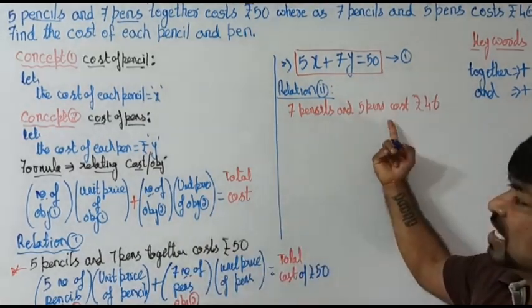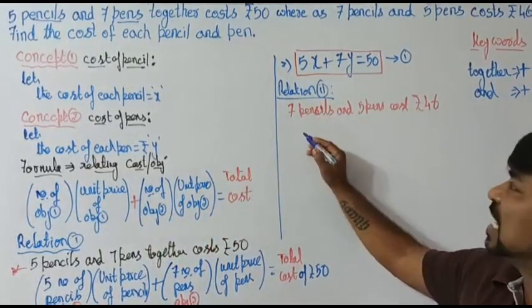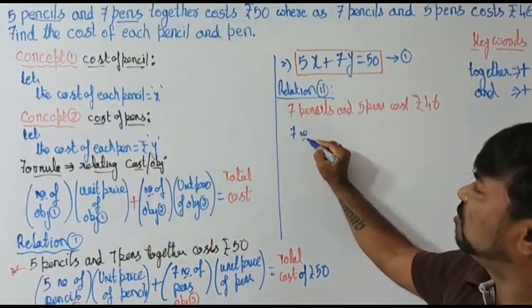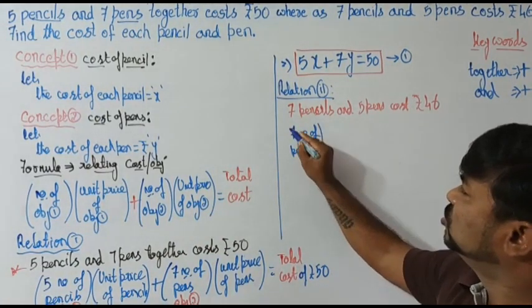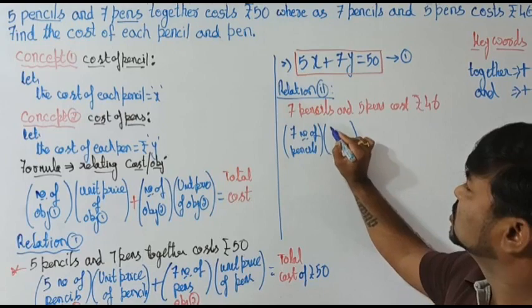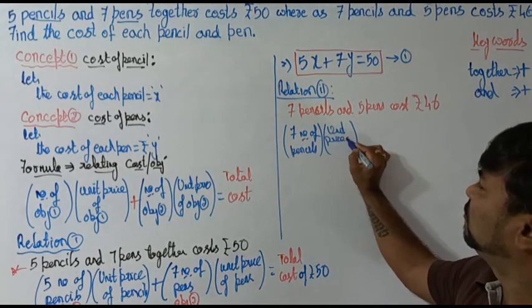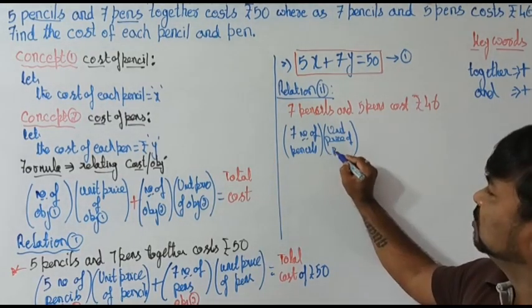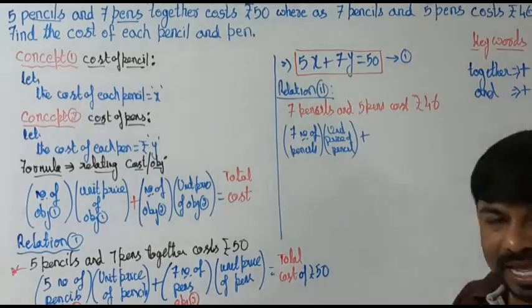Now let's relate the same concept to the general formula. How many pencils are there? 7 number of pencils into the unit price of a pencil. "And" is nothing but plus.